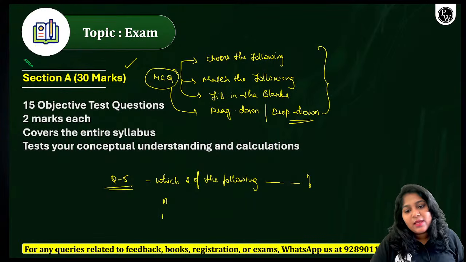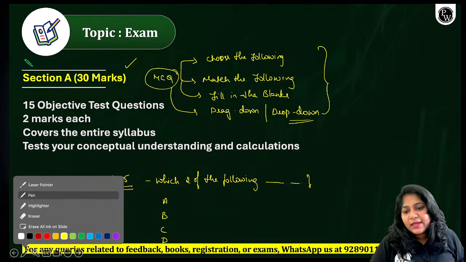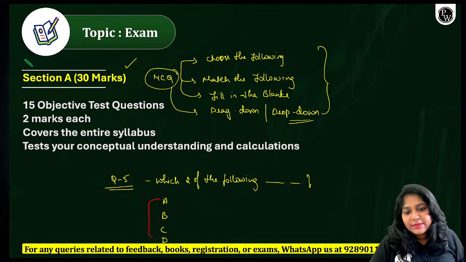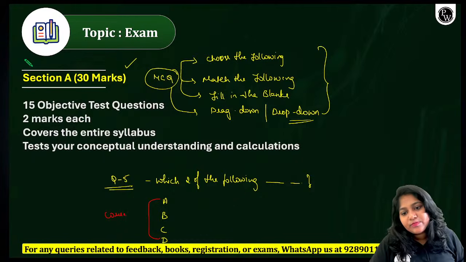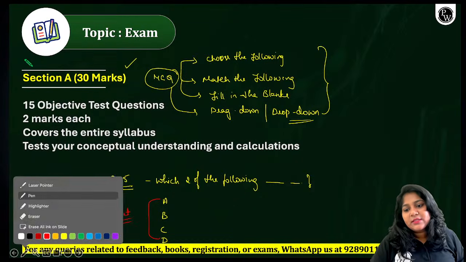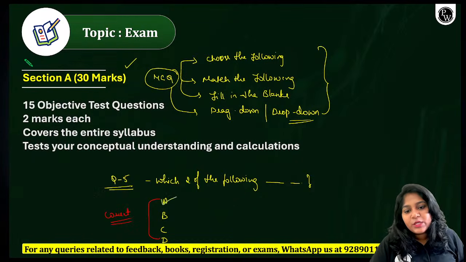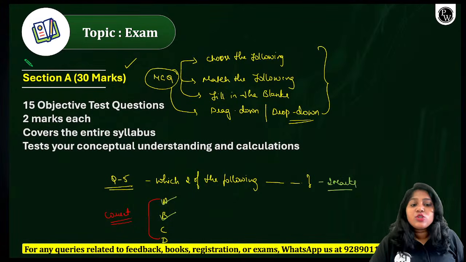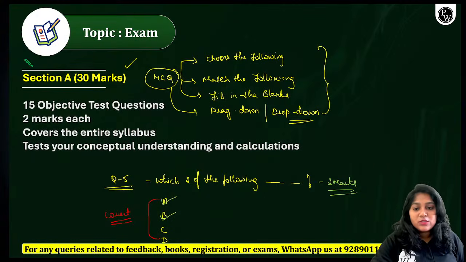You have options A, B, C, D. Assume the correct ones are A and D. But you have selected options A and B. See, this question is for 2 marks. They've asked which 2 of the following. So how many marks do you think you'll get?